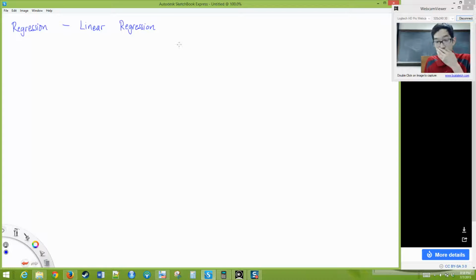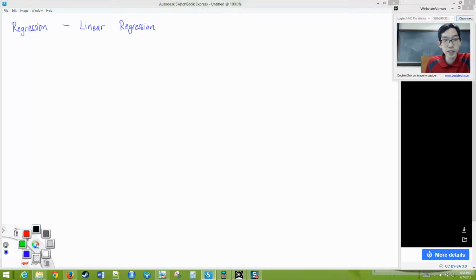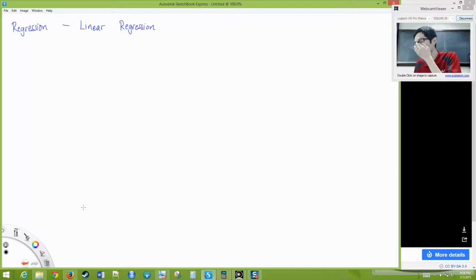And the idea behind linear regression is that we want to create an equation for a straight line that we can use to model the trend between x and y.